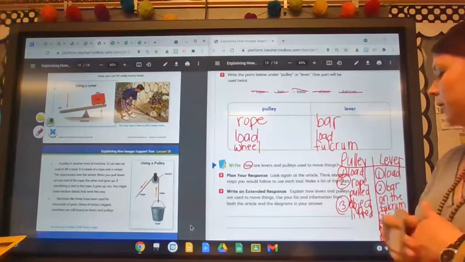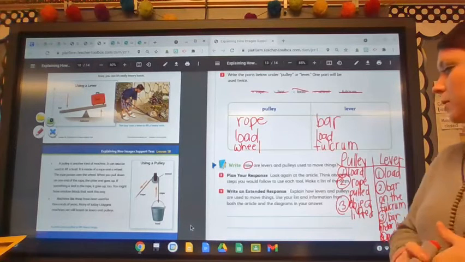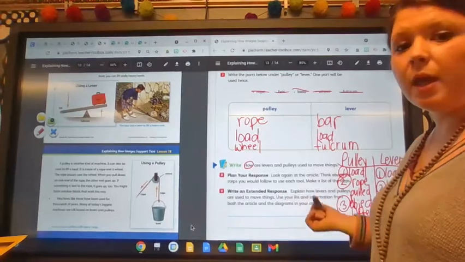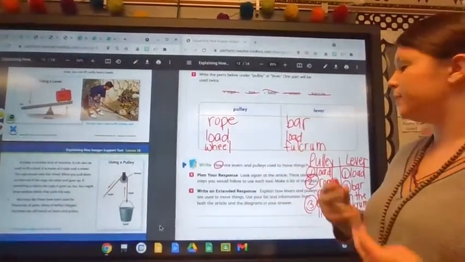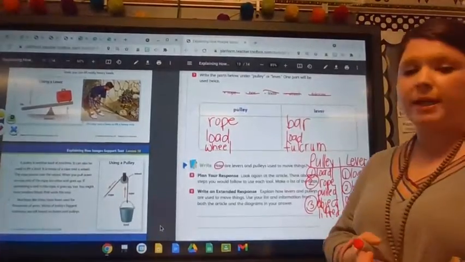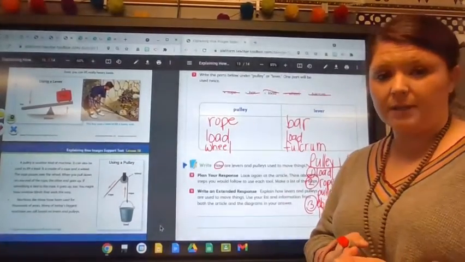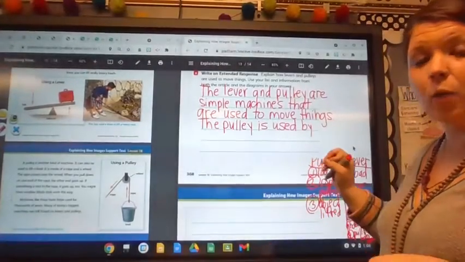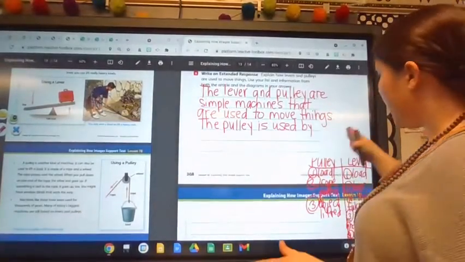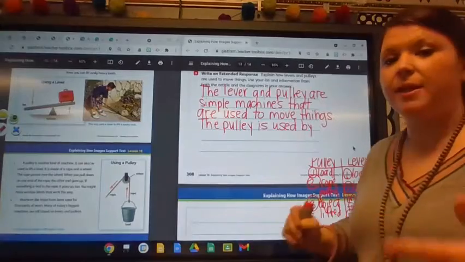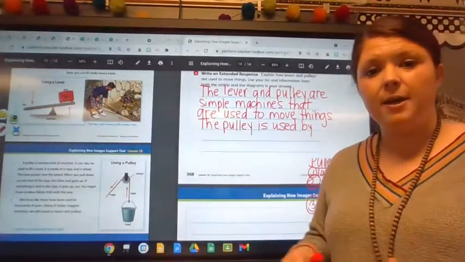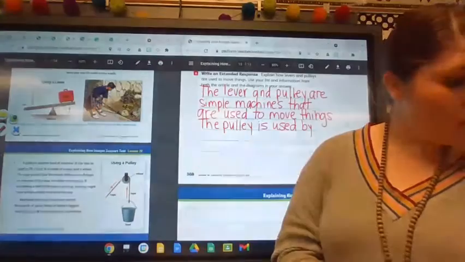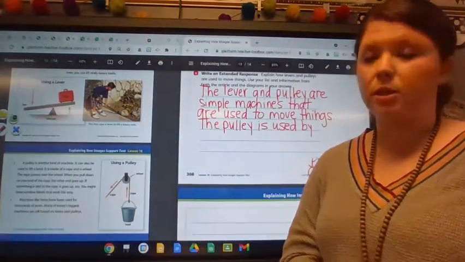All right, now we should be able to explain how levers and pulleys are used to move things. So think about the list that we made and explain how the lever and the pulley are used to move things. Now that we have the list of things that we need to do in order to use these simple machines, let's answer the question, how are levers and pulleys used to move things?